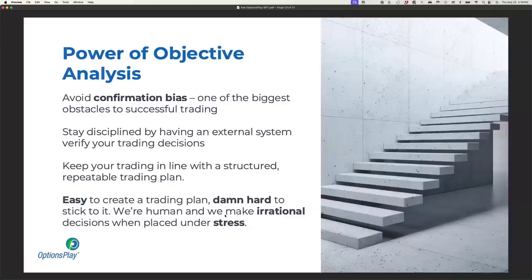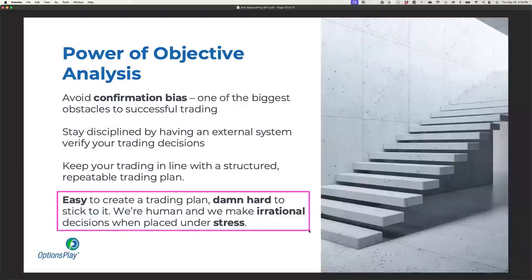Successful traders are the ones that are able to overcome all of that and simply stick to their trading plan, because it's easy to create a trading plan, but it's damn hard to stick to it. We're human, we make irrational decisions, we're placed under stress. And my role here, with this ChatGPT assistant, is to in some way, shape, or form, help you have a tool that you can use to avoid that and remove yourself from that emotional decision every single time you're either placing a trade or deciding whether it's time to exit that trade.